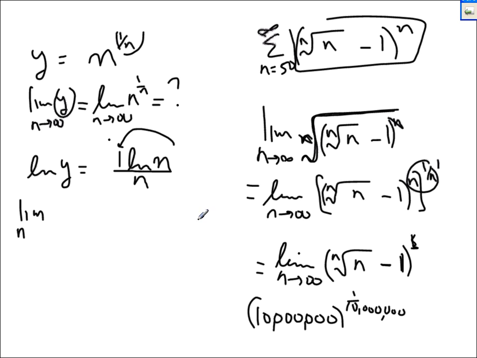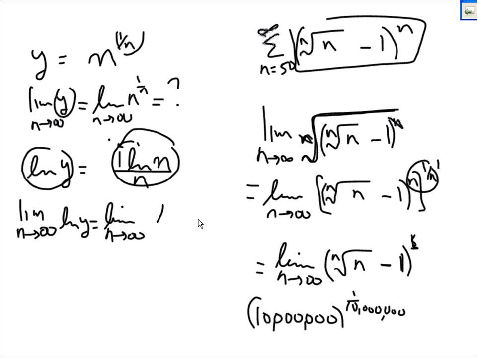The limit as n goes to infinity of ln of y is equal to the limit as n goes to infinity of anything that equals ln of y, namely this, ln n over n. Like ln of a super large number is infinity. If n goes to infinity, well, n goes to infinity. L'Hopital's rule.